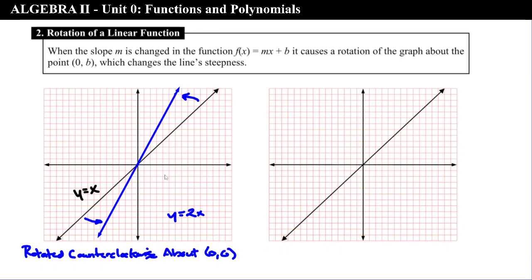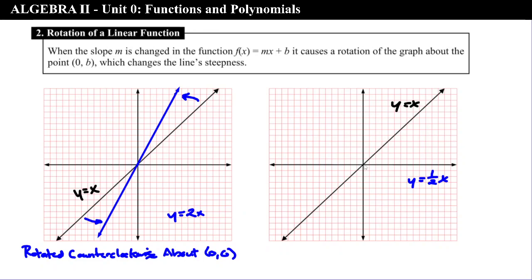We're starting with our parent function once again, y equals x. But now, instead of making it bigger and making it 2, let's make it smaller and say we have a function y equals 1/2 x. So we made our slope smaller. We made it half the size.